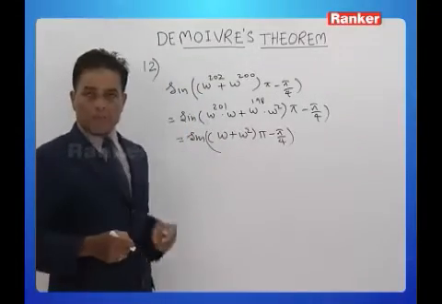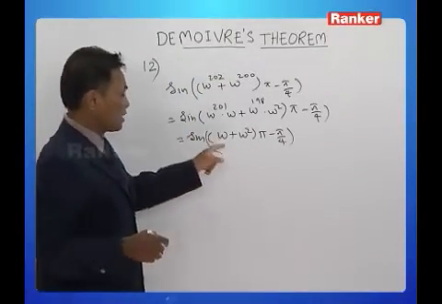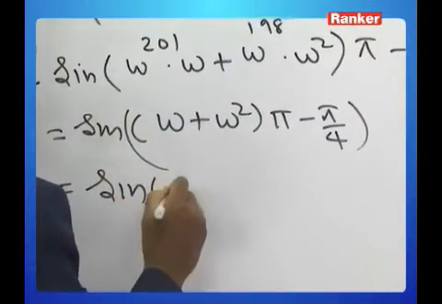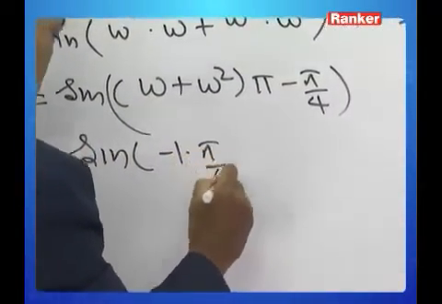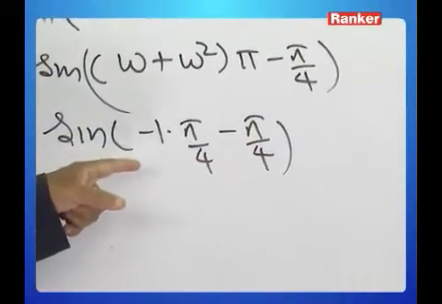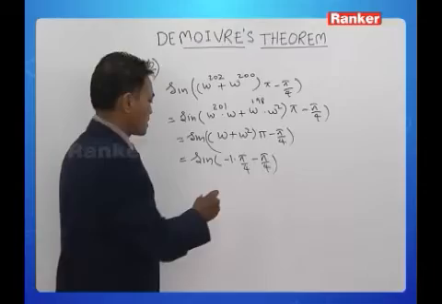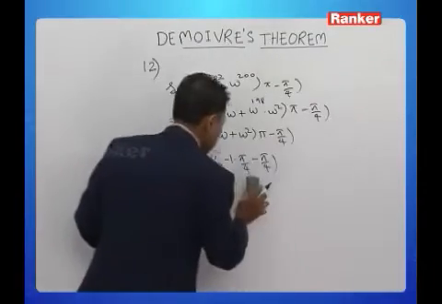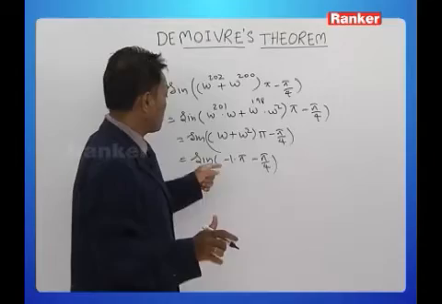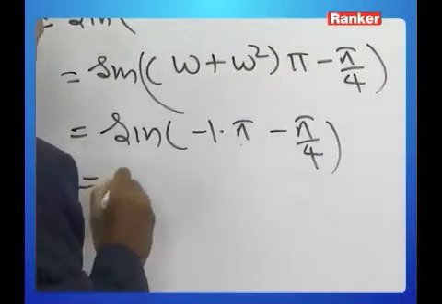Again 1 plus omega plus omega square is 0. So, omega plus omega square is minus 1. Minus pi by 4, and sorry, this is minus pi only. Minus pi and minus pi by 4. That is minus, how much is this? 5 pi by 4.